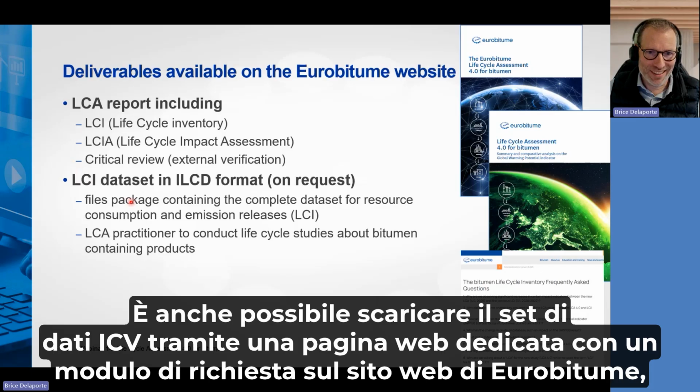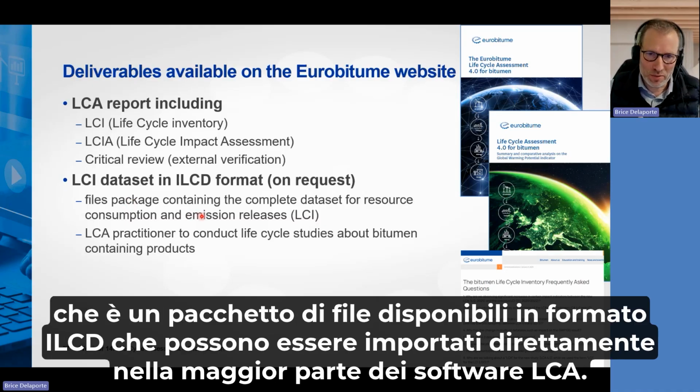You can also download the LCI dataset with a dedicated web page with a request form on the Ubiquity website, which is a files package available in the ILCD format, which can be imported directly in most cases in your LCA software.